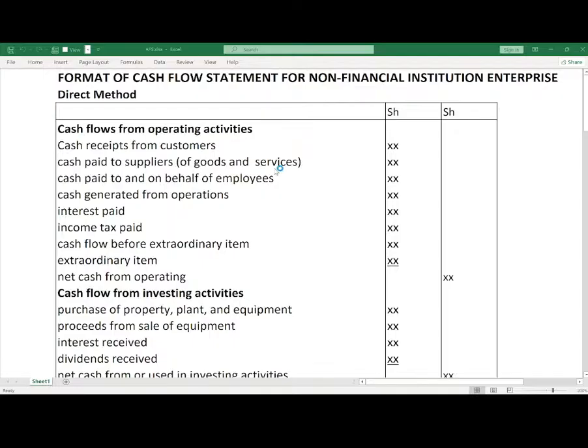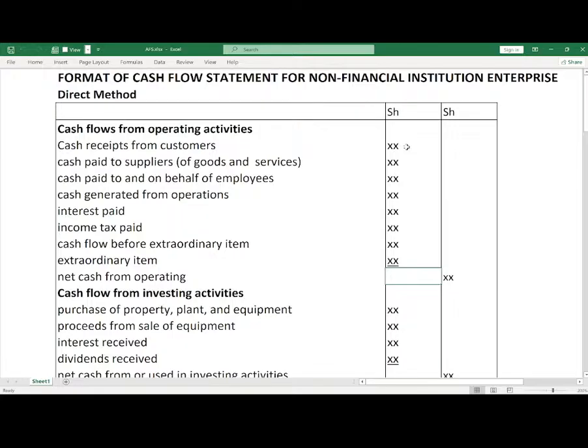For the direct method, we are going to start with the cash receipts from operating activities. As you can see, we have the cash receipts from sale of goods, the cash paid to suppliers and employees, cash generated from operations. You also have interest and tax paid before extraordinary item. The extraordinary item, you can name it. And then we have the net cash from operating activities.